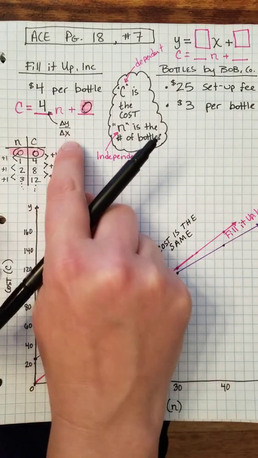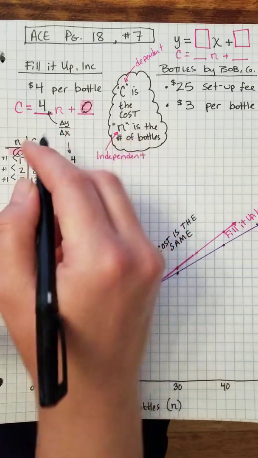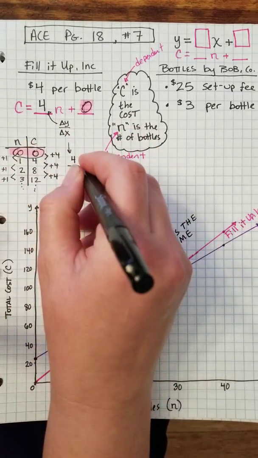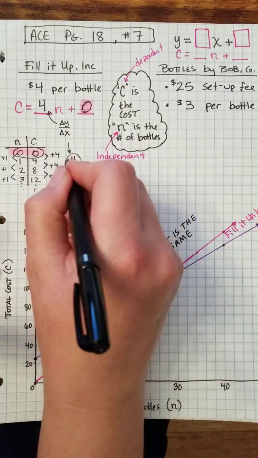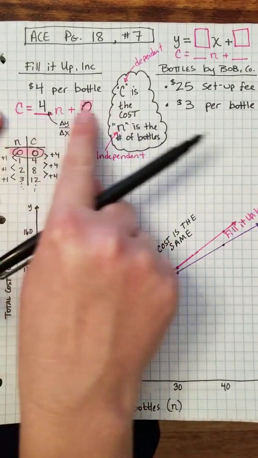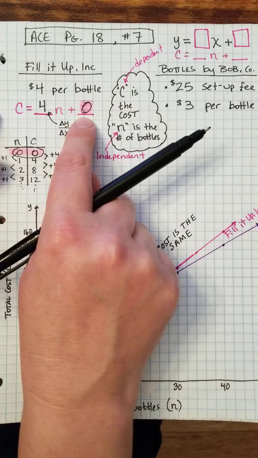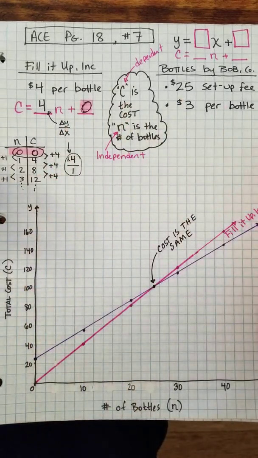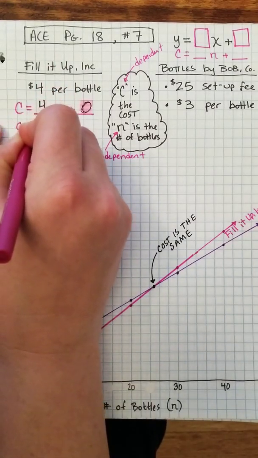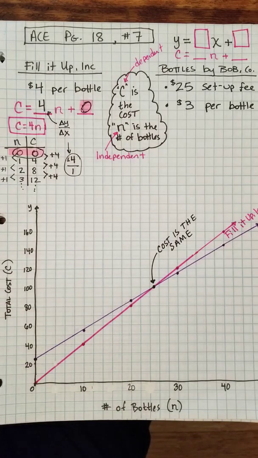So my change in Y over change in X is going to be 4, because C is the Y value, over 1, which is the X value, which is really just $4. So we put the 4 up there. Since I don't pay anything at the start, I don't have to include that in my equation. So my final equation here for Fill It Up is going to be the cost is equal to 4 times the number of bottles.